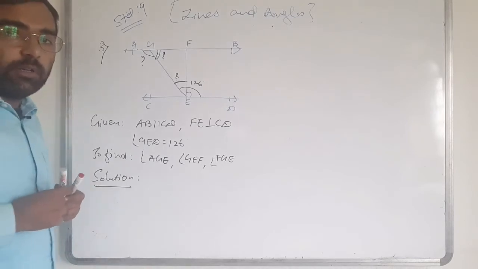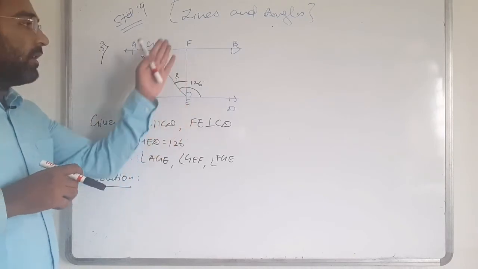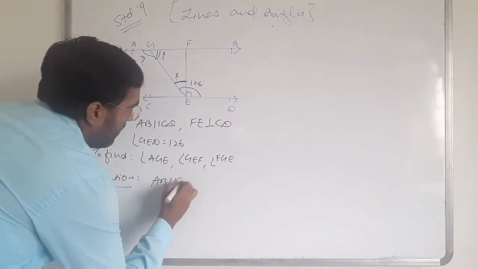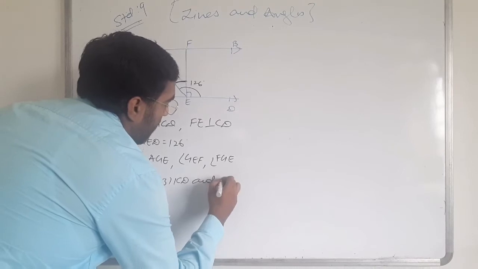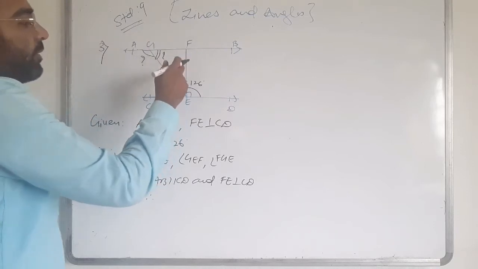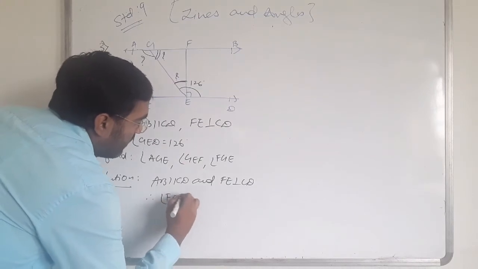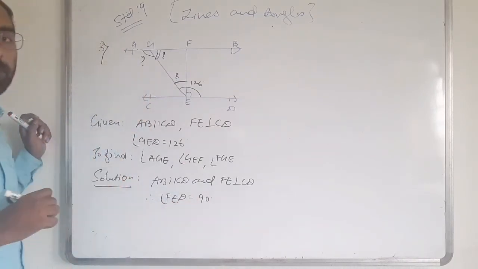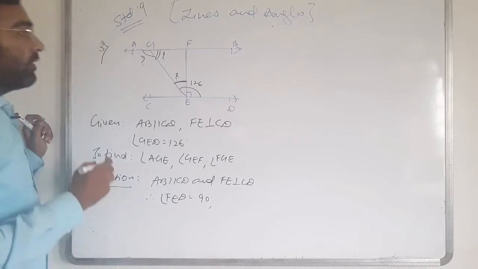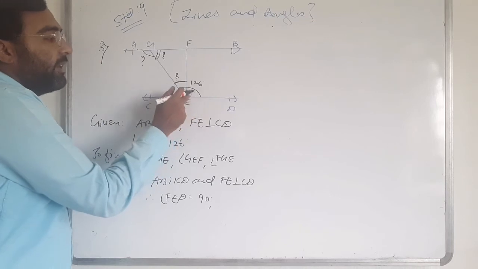First of all, if AB and CD are parallel and FE is perpendicular to CD, then angle FED forms 90 degrees, that is a right angle. From this right angle, we see that the whole angle GED is divided into two parts.